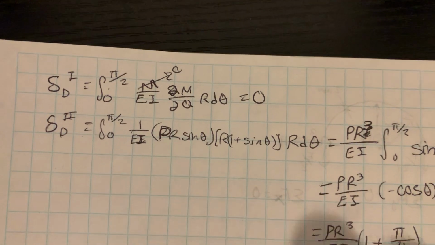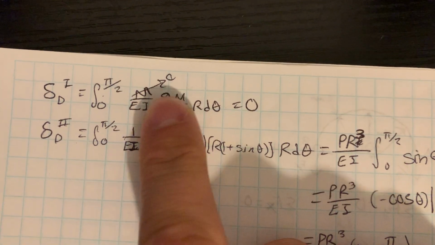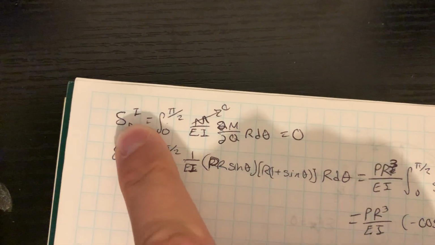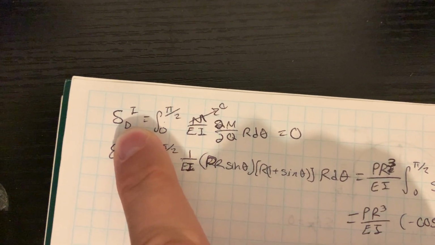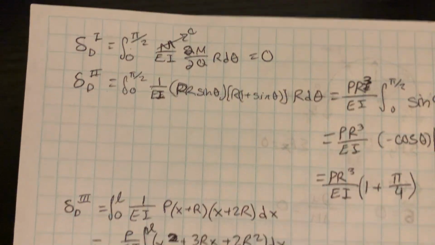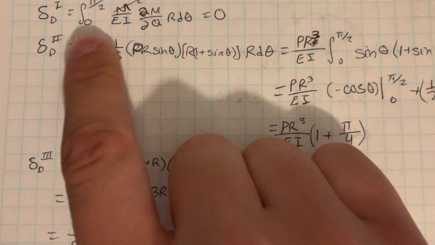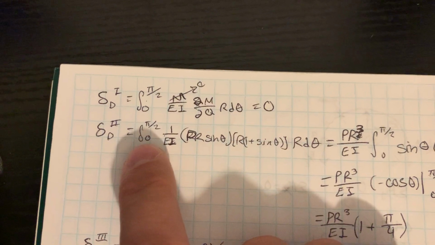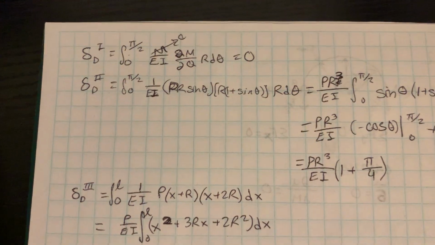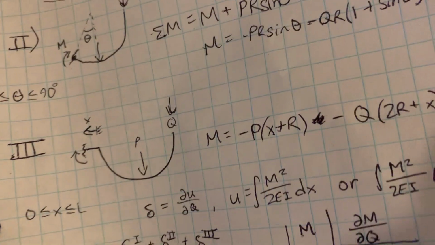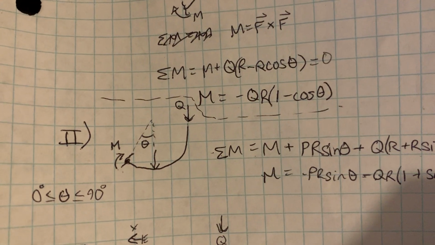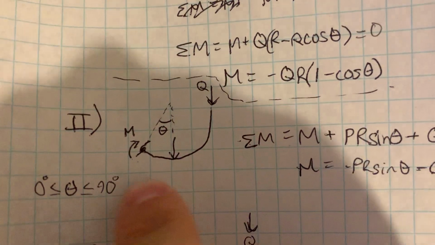And we know that that M is 0, so this portion of the deflection is 0. And so then we do the same exact equation here for segment 2. We know segment 2 is also on this curved portion.